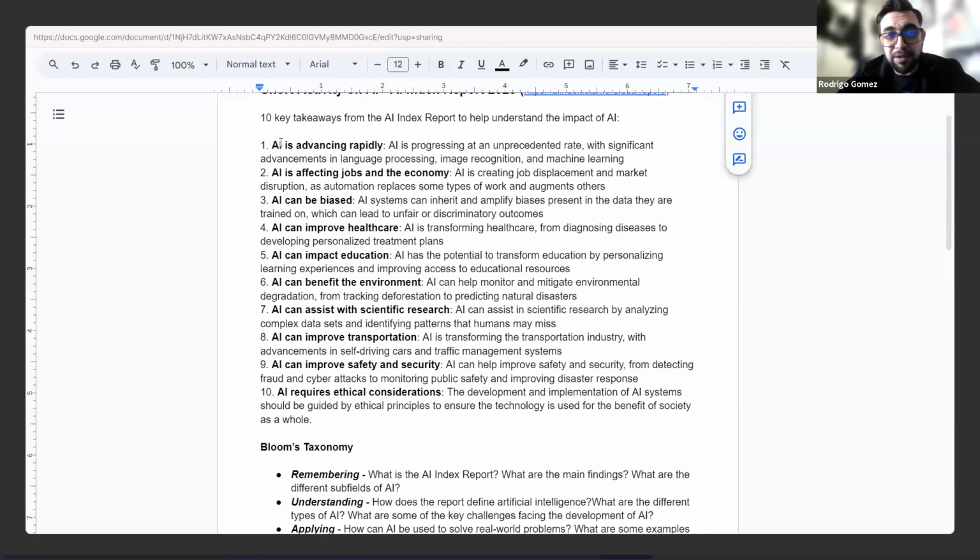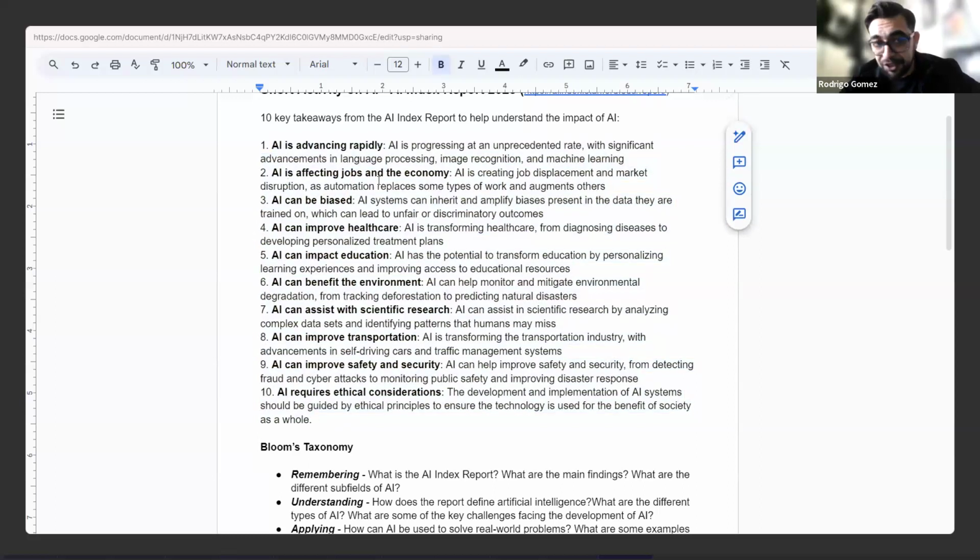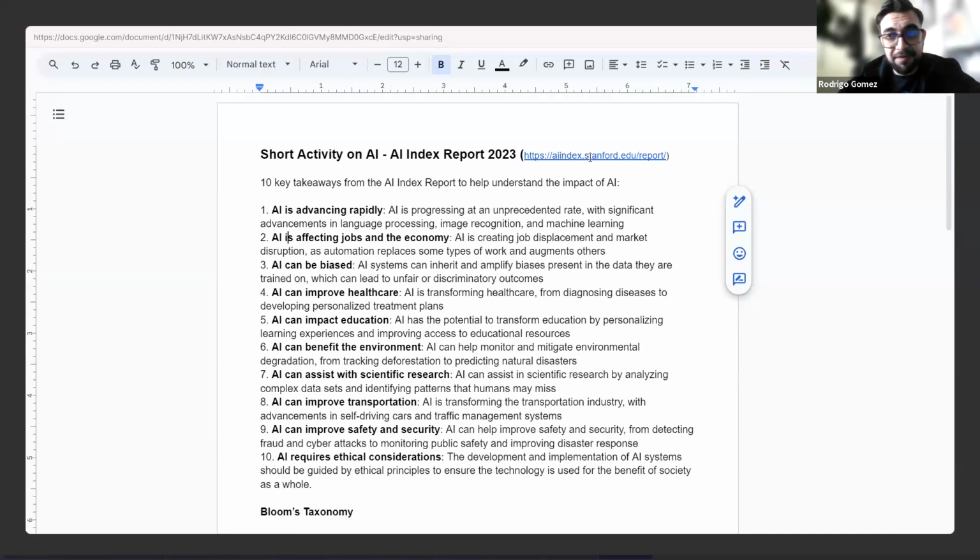And so we looked at these key ideas or what emerged from reading the article, that AI was advancing rapidly and that it was affecting jobs and that it could impact education and that it could assist with research and that it could improve certain things. Those were all of the key data points inside this very, very large report. It's there for your consumption. So please go through it later if you really want to see everything that's there.